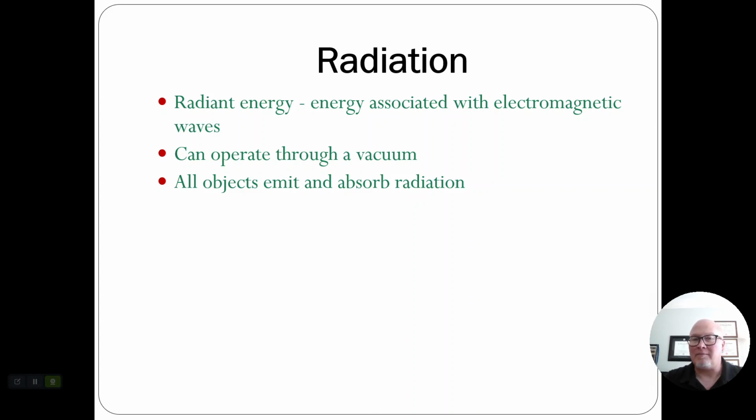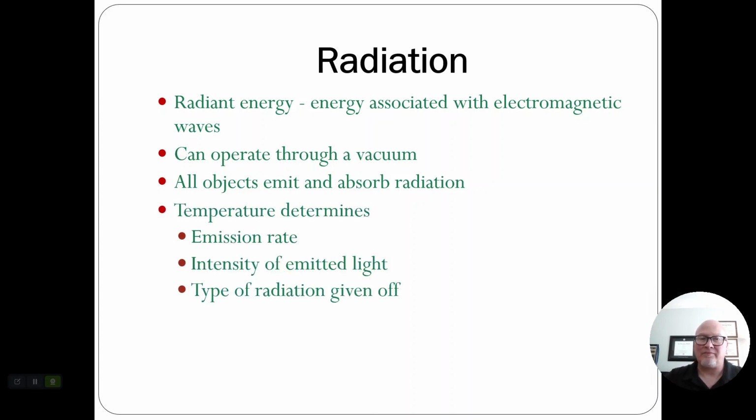So every object emits and absorbs radiation, and temperature determines how much radiation something is emitting and what kind of light it gives off as a result. The hotter something is, the different the wavelength of light it gives off.